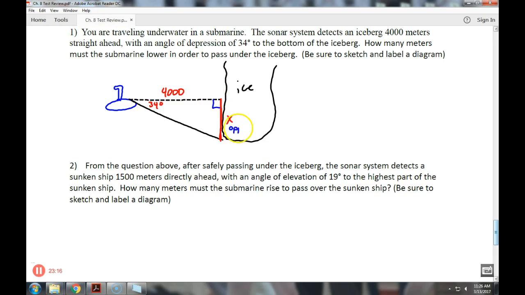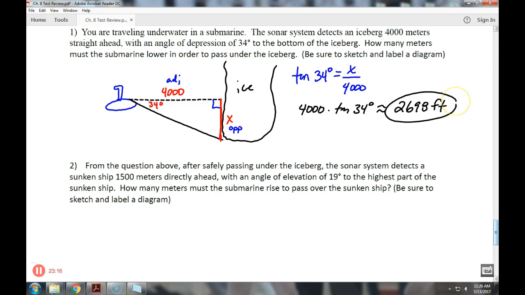So this would be opposite the 34 degrees. This would be the adjacent. So the tangent of 34 degrees is the opposite over the adjacent. And when x is high, you multiply. So 4,000 times the tangent of 34 degrees comes out to be roughly, what did I get on this one? I got about 2698.